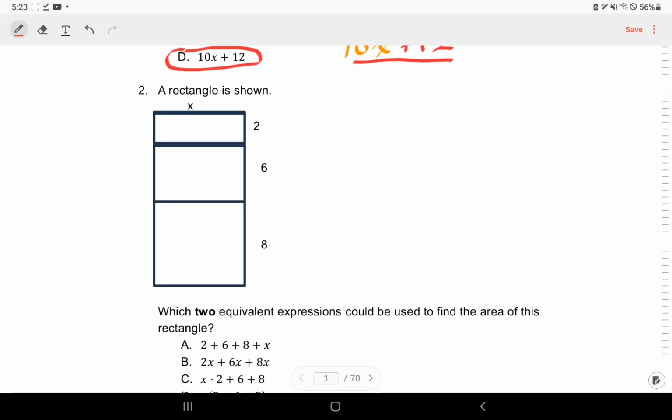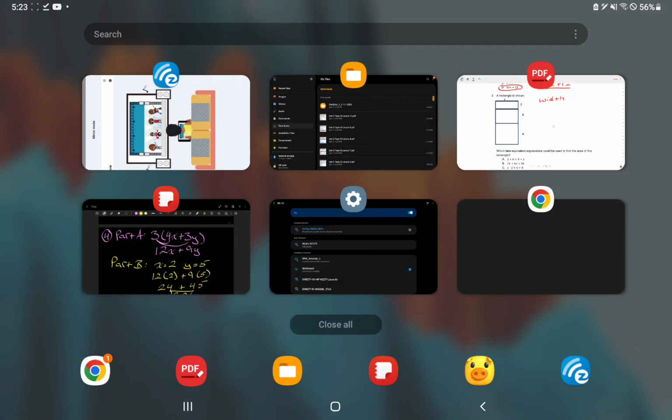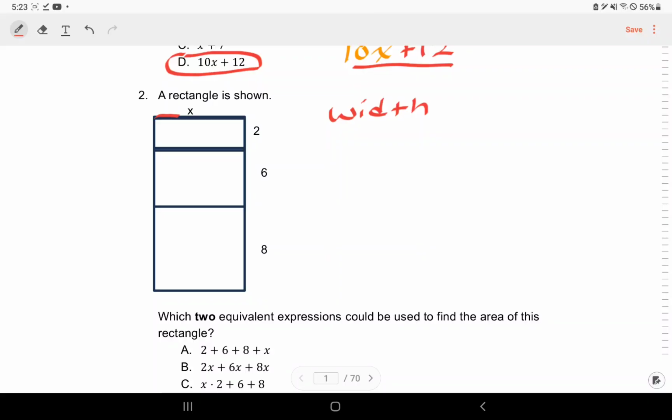And then we take a look at question 2. Our width is x.